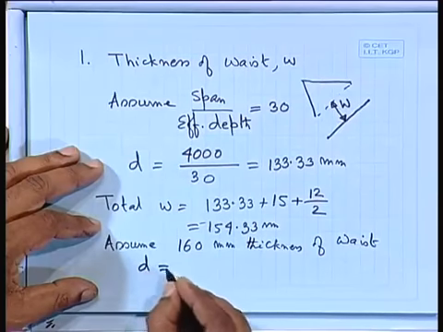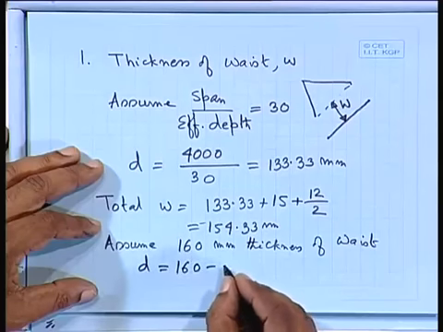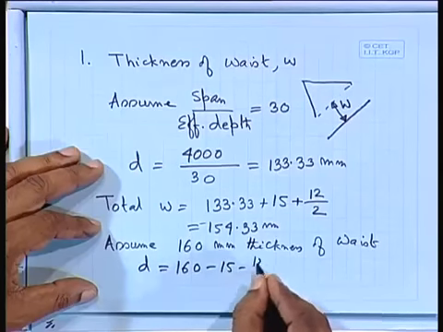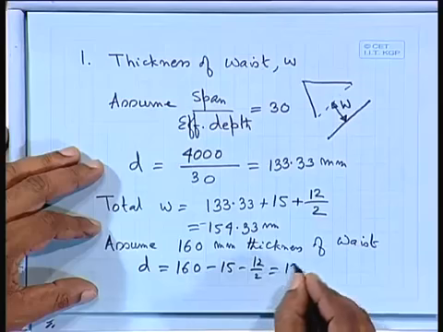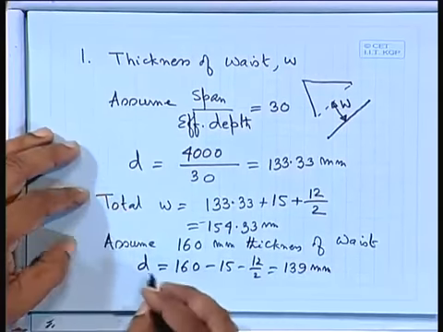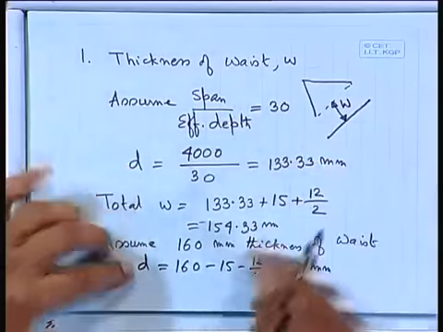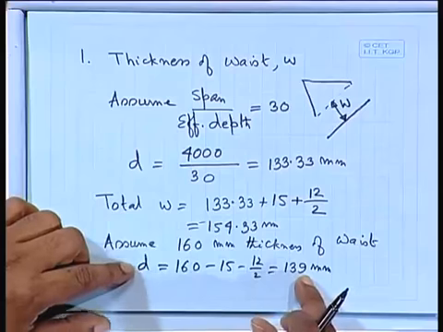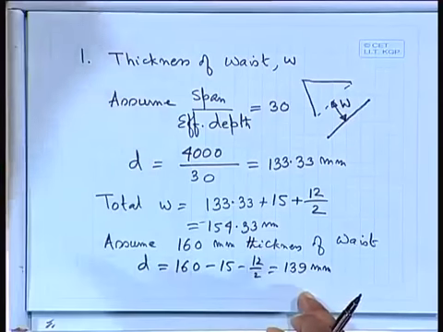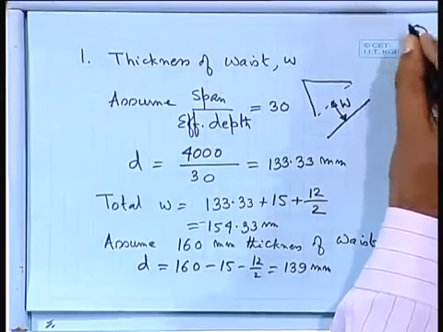So D will be equal to 160 minus 15 minus 12 by 2, which comes as 139 millimeter. So this D we have computed from here, and finally we are providing 139 millimeter.